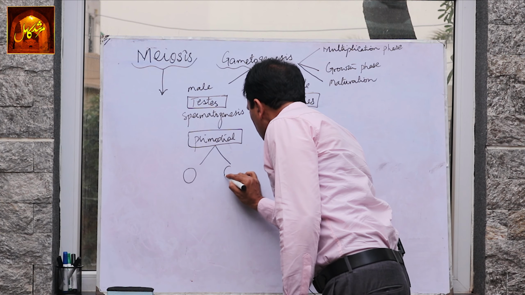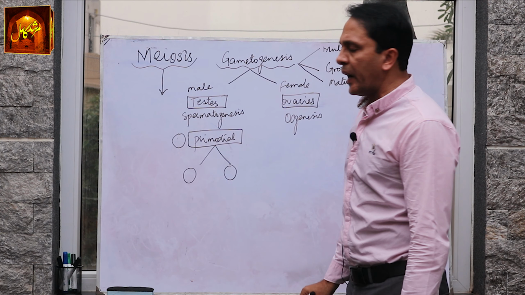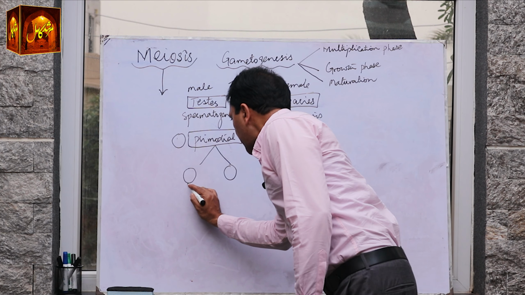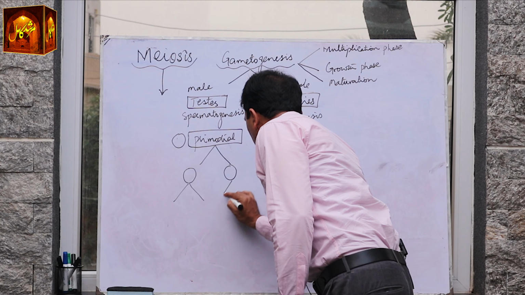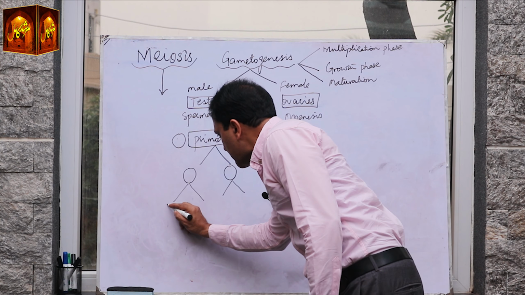In first division, one primordial cell will be divided into two cells, and these two cells then will be divided into four cells.